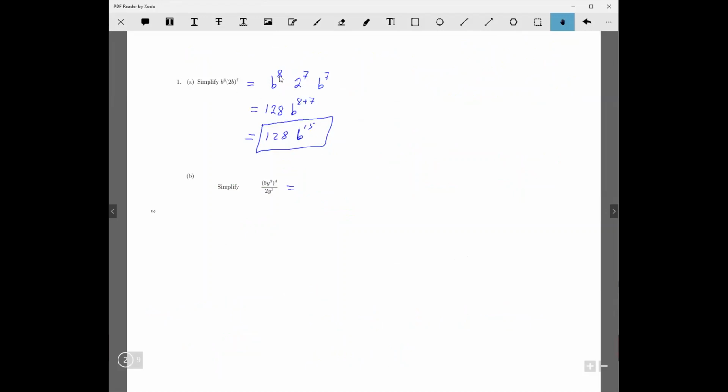So I had this b to the 8th times b to the 7th, and then it turns into b to the 8 plus 7. Okay, so let's go ahead and do this one. So quantity raised to the 4th, that's going to be the first one raised to the 4th, and then y cubed also raised to the 4th. And then down here, we just have 2y cubed still.